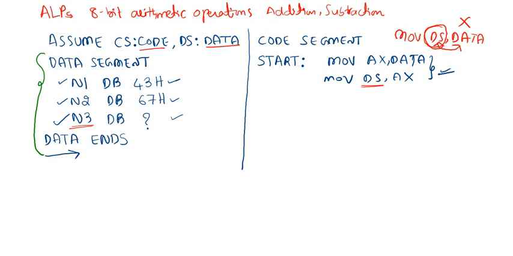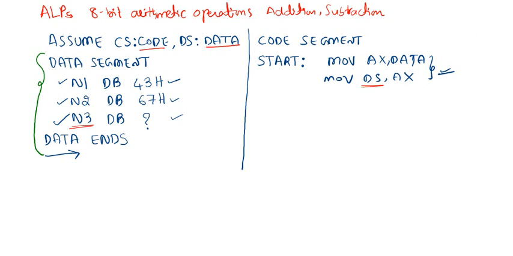That is the reason we use AX to take the address for DS. Now you can use this data segment.